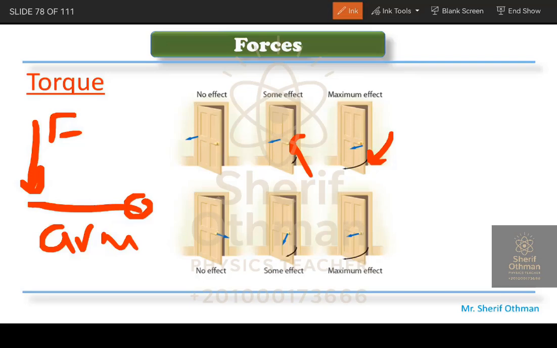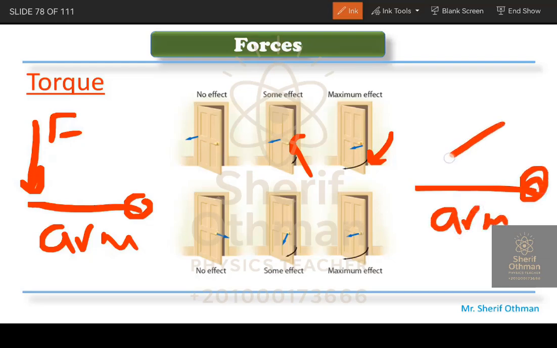But if we apply the force at an angle which is not perpendicular to the arm of rotation, here is the arm, and I applied the force like this, the effective force is the perpendicular force.